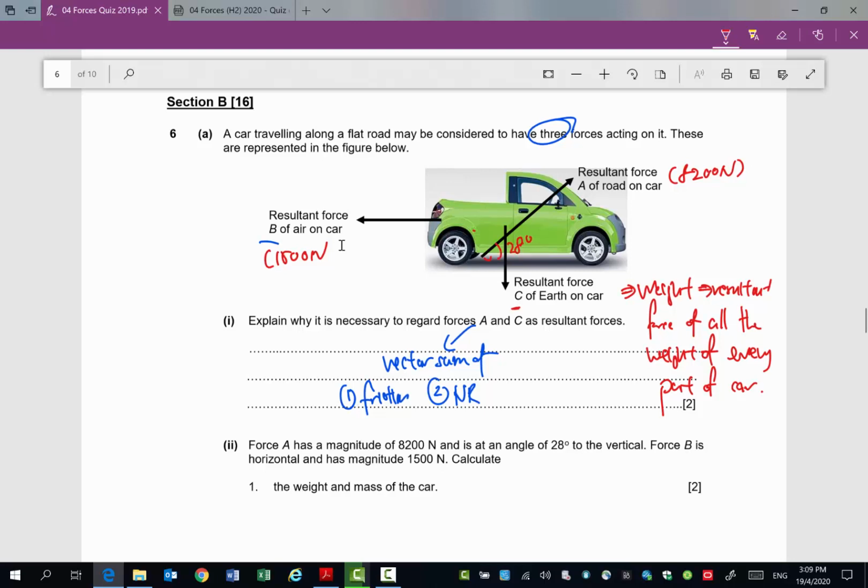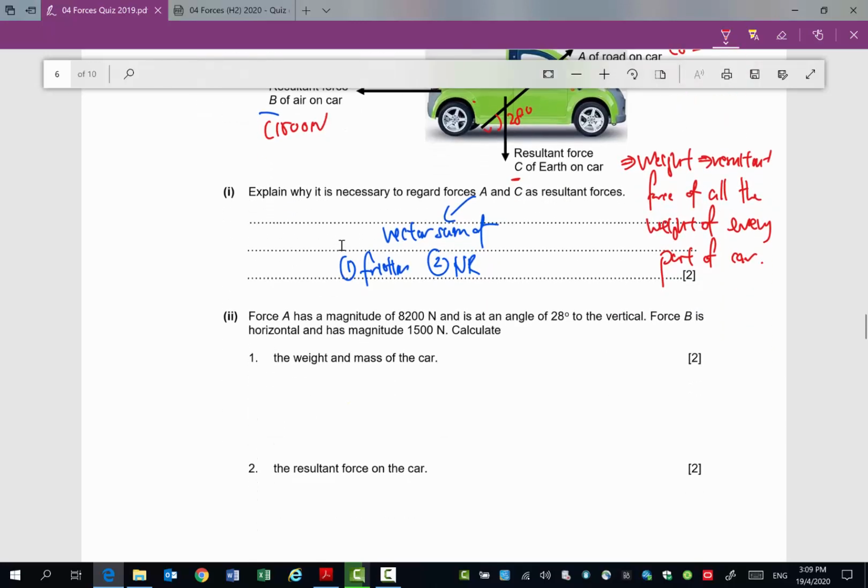So the car must be moving horizontally forward or backward. There should be no motion vertically, and therefore F net in the vertical direction should be 0. Therefore, the vertical component A sin 28 degrees should be exactly equal to C, which is the weight.